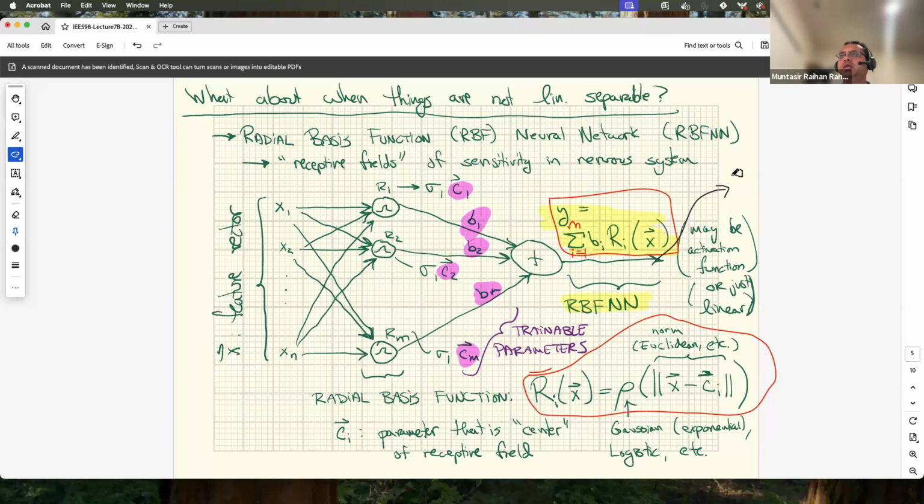So you can do e to the power ym over 1 plus e to the power ym, right? And then the other value is going to be 1 divided by 1 plus e to the power ym.